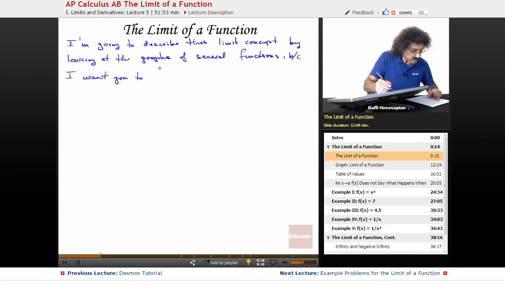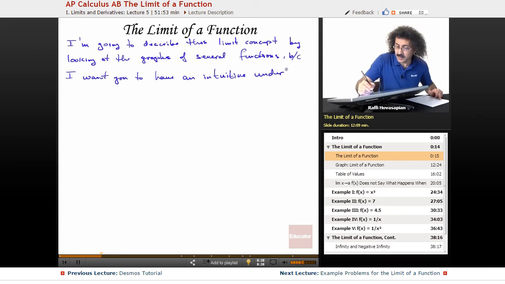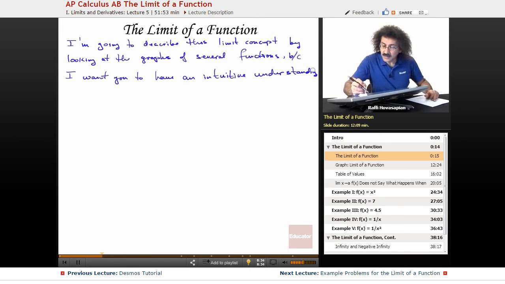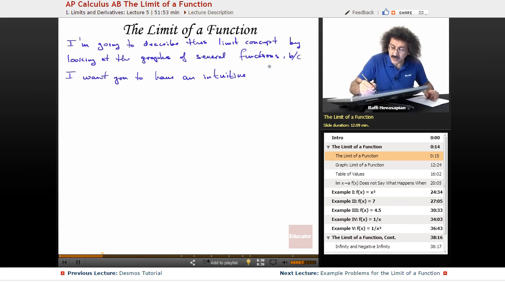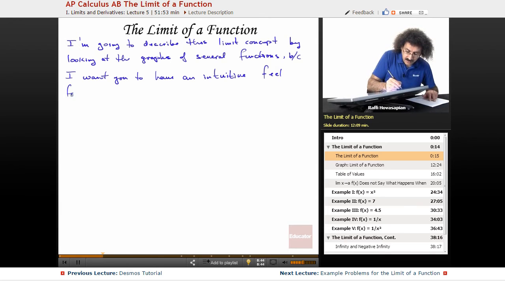I want you to have an intuitive understanding. I think understanding is probably not the word I want to use. I want you to have an intuitive feel for what the symbol limit as x approaches a of f of x means.